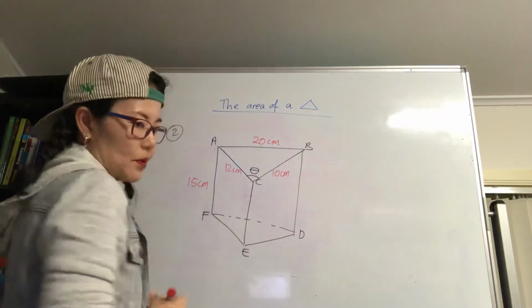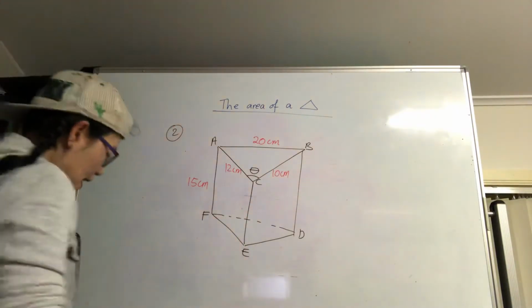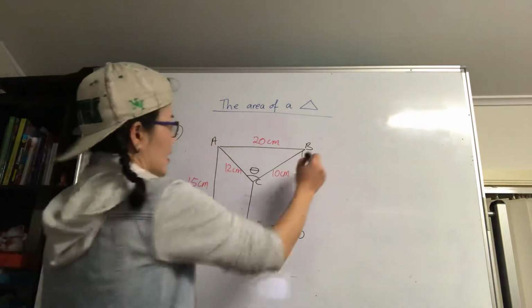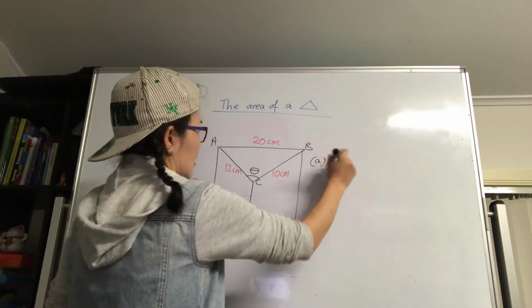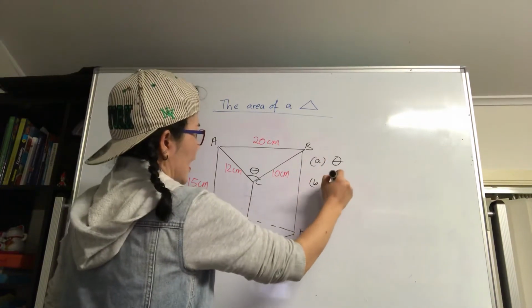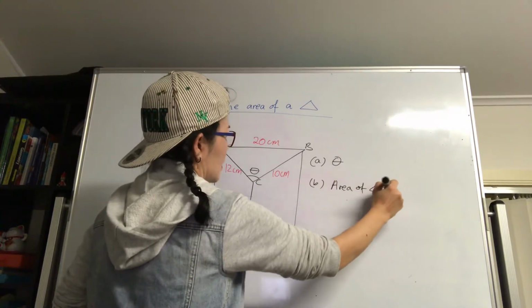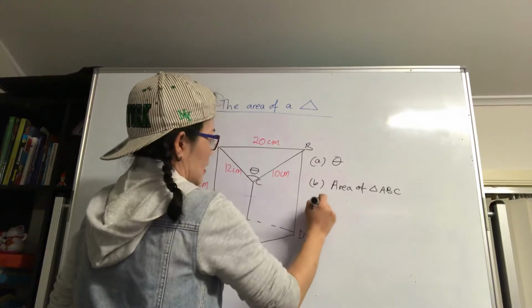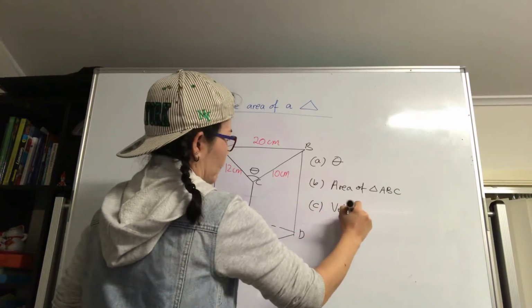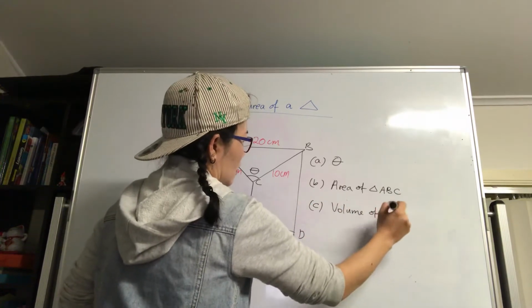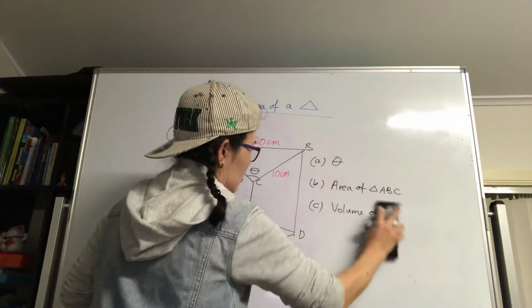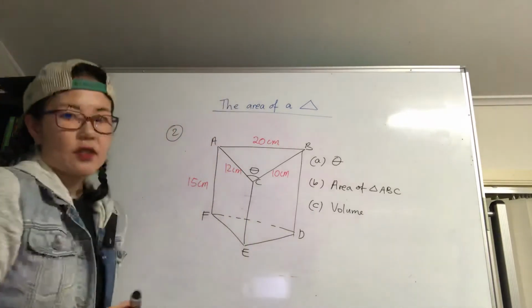I think that's pretty much all I've got. The question says, A, find theta, B, find the area of triangle ABC, and C, find the volume of the prism, not the triangle, the prism. So that's what we've got to do.